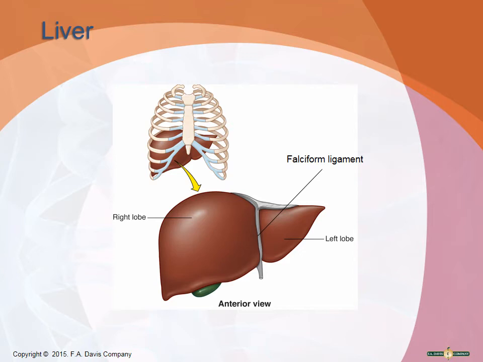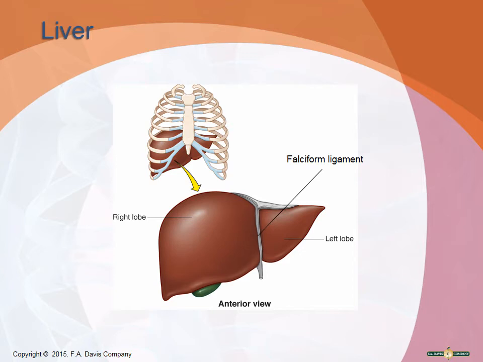There's the development of proteins, some of the plasma proteins, the clotting factors. We know that glycogen, from glucose, is stored in the liver. We know that the metabolism of drugs occurs in the liver.